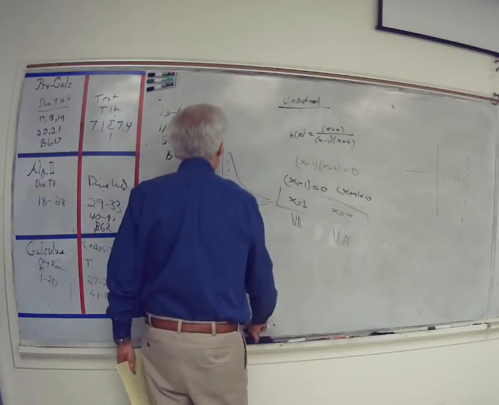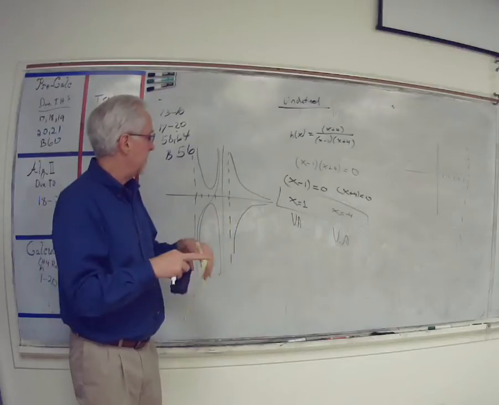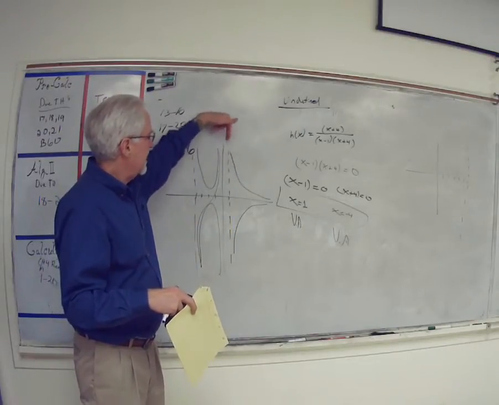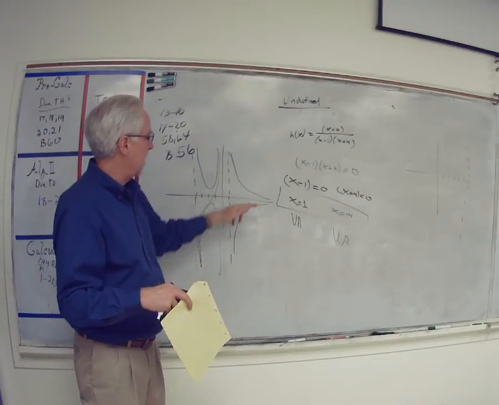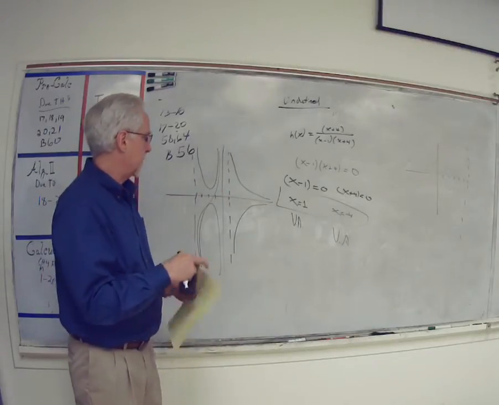You just plug in a few values and you see is it exploding up or down, and then you can sketch it in just by plugging in some values, but you find the vertical asymptote.